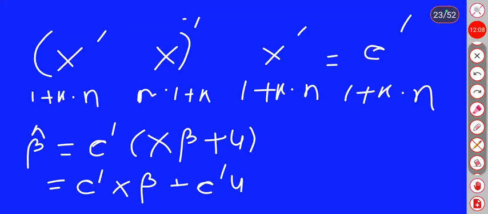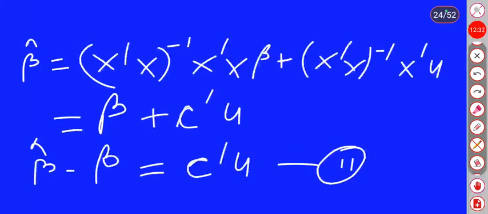In the subscript they consider the order, that means rows and columns. Beta hat is equal to C prime y, and y means x beta plus u, so multiply, C prime x beta plus C prime u.